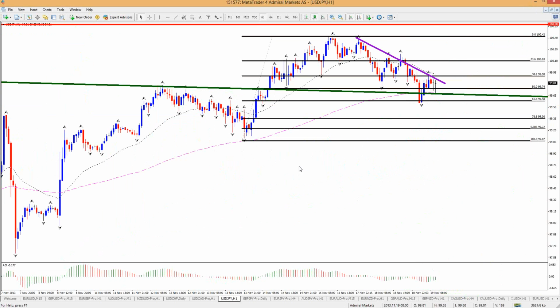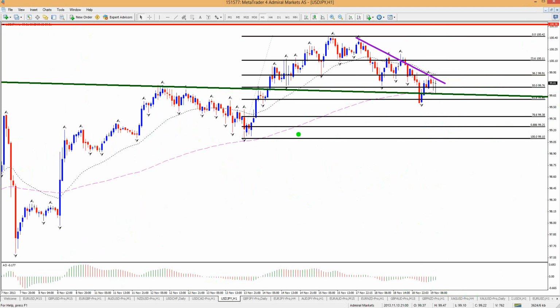So if we stay above this bottom right in here, there's a lot of reason to believe this could break to the upside on the daily chart, and this could be a bounce off the daily broken triangle. If we break below here, then something else is going on, and it's not as bullish as I thought, at least for the moment.